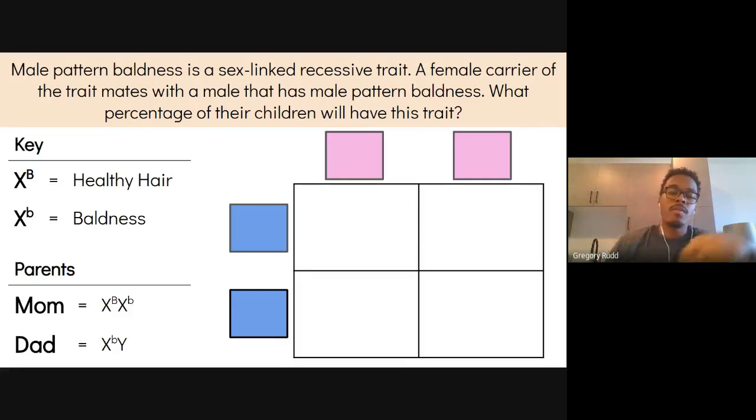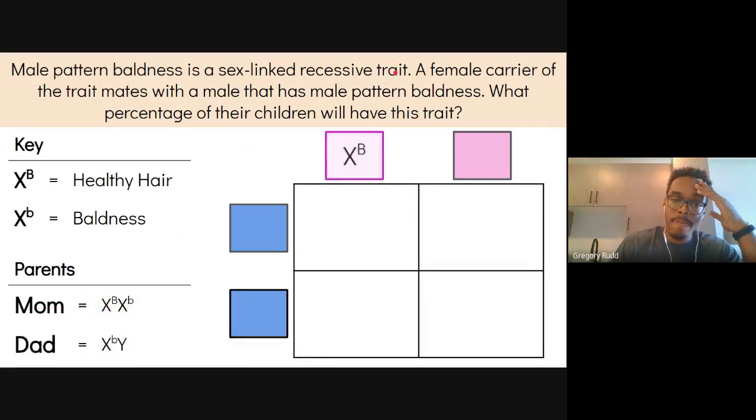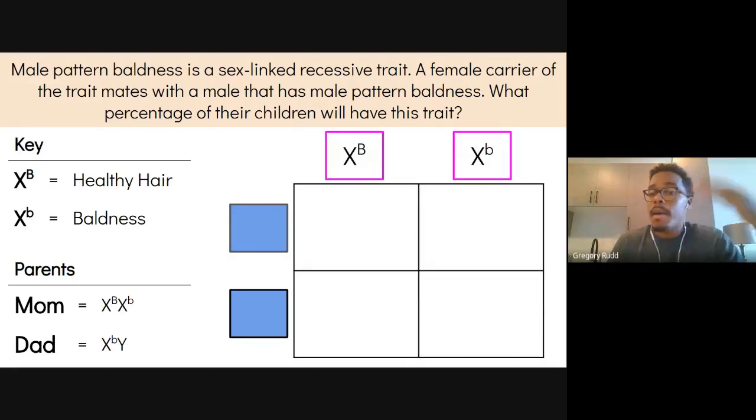Okay, so I'm going to put mom on top. Mom's genotype is going to go on top. She's got an X with a dominant allele and an X with a recessive allele. Now, you can put mom on the left if you choose to, as long as you keep mom's alleles together. They both have to go on the same side.